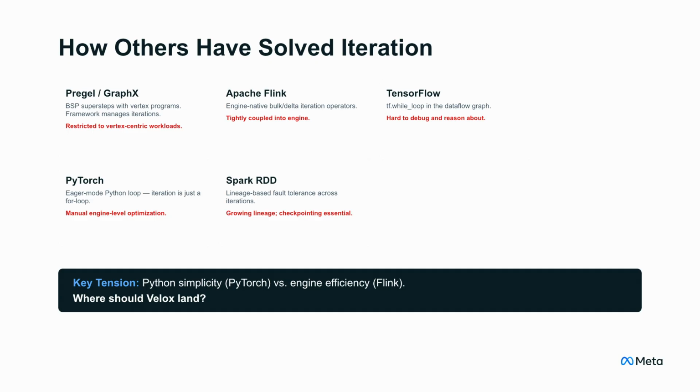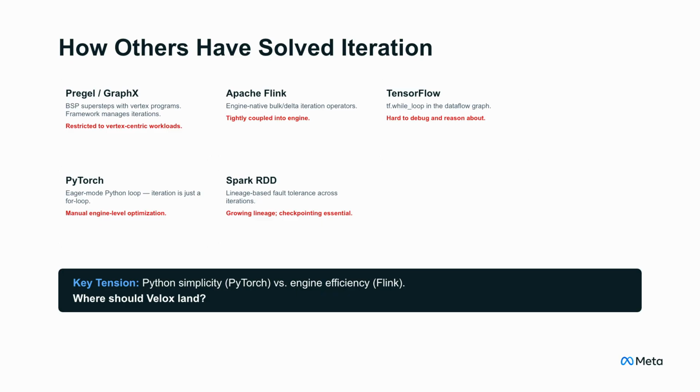Before we start, let's take a look at what the landscape looks like. We have different systems, and every system sits at one point on the spectrum. On one end, we have platforms like PyTorch. It handles iteration as a simple Python loop, so it's easy to write, but the engine can't optimize across iterations.